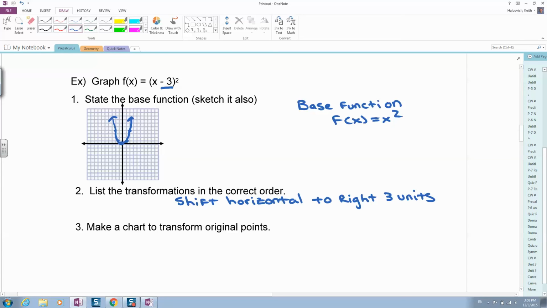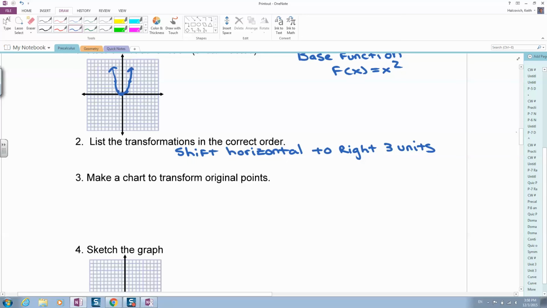What I'm going to do after I figure that out is make a chart. The original points that I used were 0, 0, negative 1, 1, and 1, 1. I'll just use 3 points for the chart. With the x, I moved it to the right, so I'm adding 3. Anytime I go to the right, that's a positive direction.